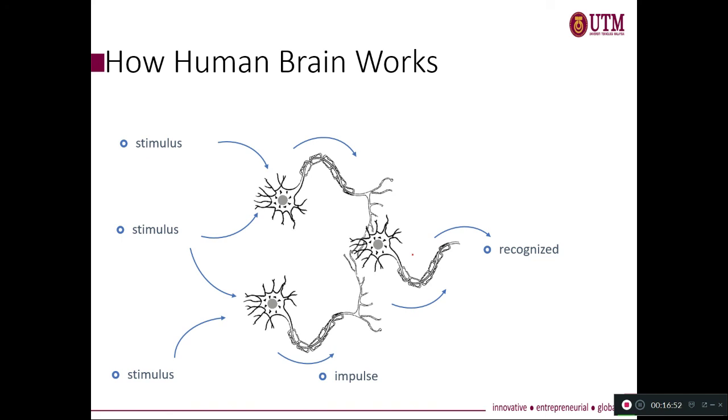So that's why an artificial neural network is very powerful compared to the linear regression and logistic regression that you learned before, because those are only a single unit of an artificial neural network.